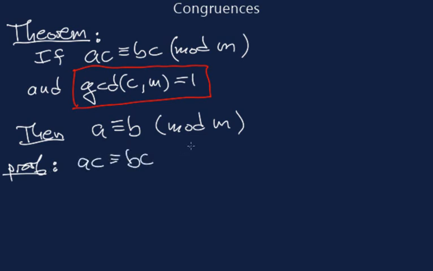And the fact that this is true is really elementary. If AC is equivalent to BC mod M, that says that M divides AC minus BC.